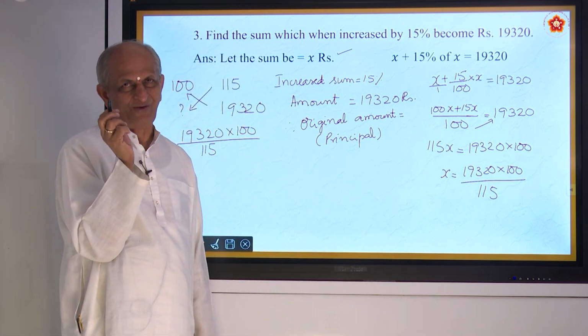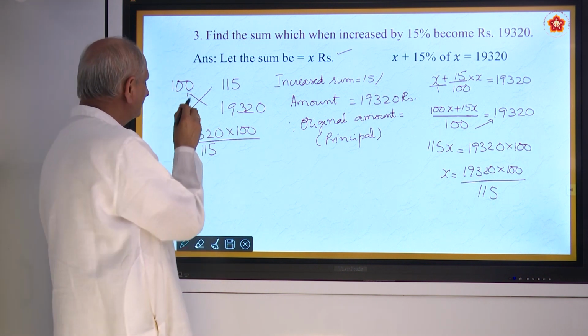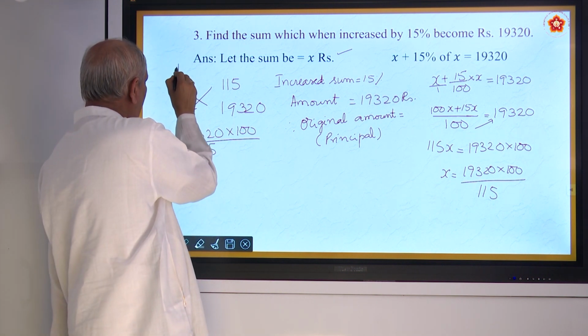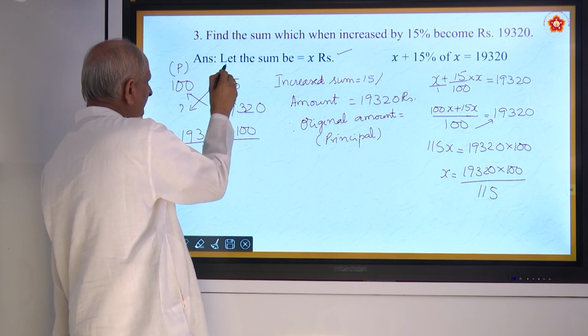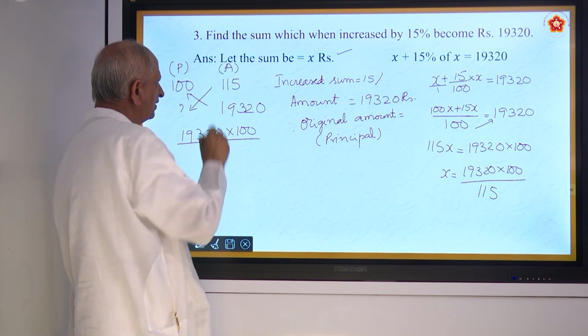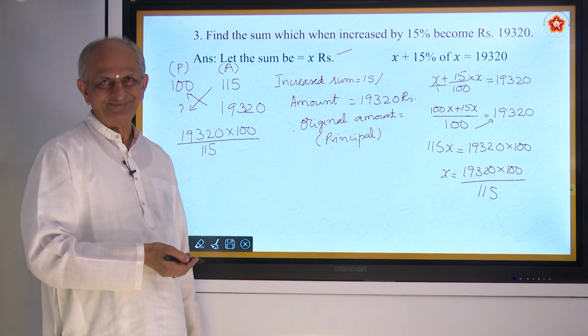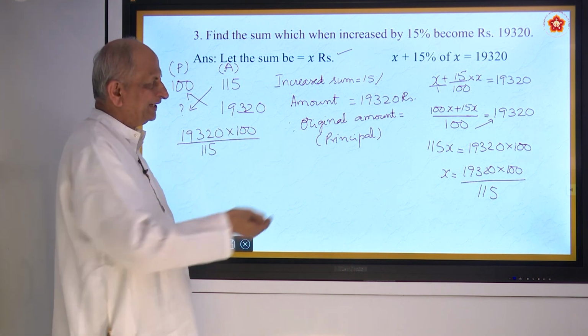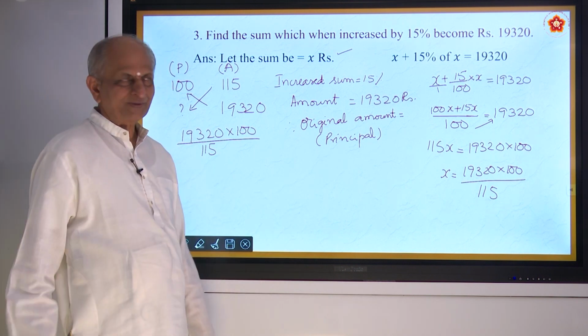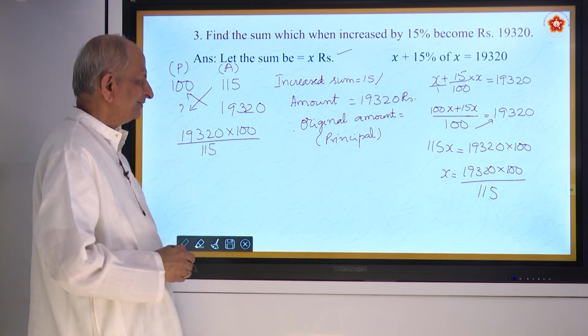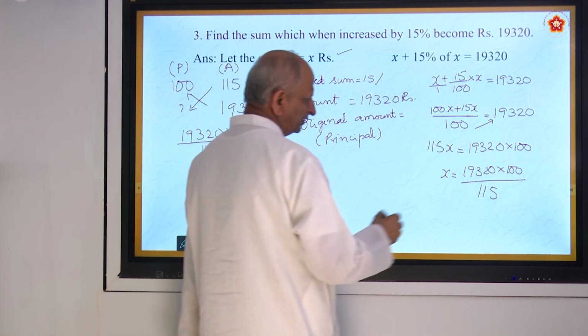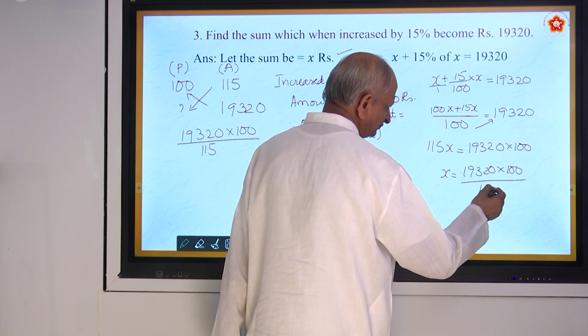Whichever is easy you can follow. So you can say this is principal and this is the amount. It is also the same thing you got. This is the algebra method and this is the arithmetic method. So the answer is the same. So you just cancel it.